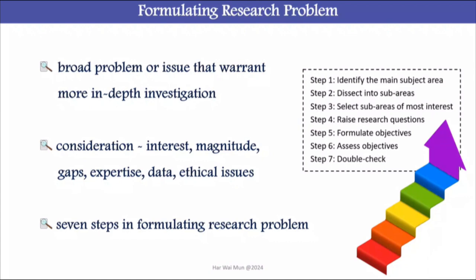Why? So you have a broad problem, like mentioned earlier in module 1, right? You start with a broad problem, and then you try to make it specific until you get an overall objective. And from the overall objective, you have three specific objectives, right? And then from overall until more in-depth investigation.